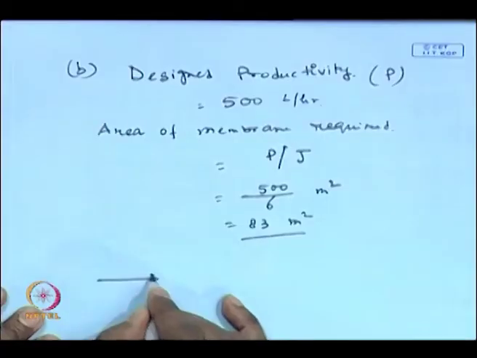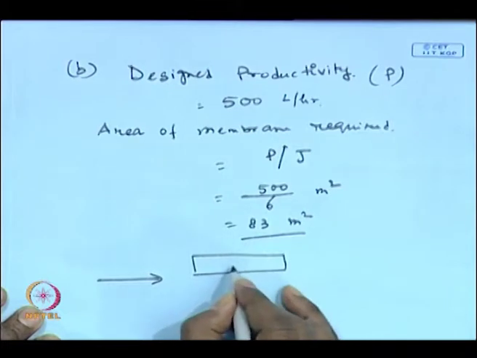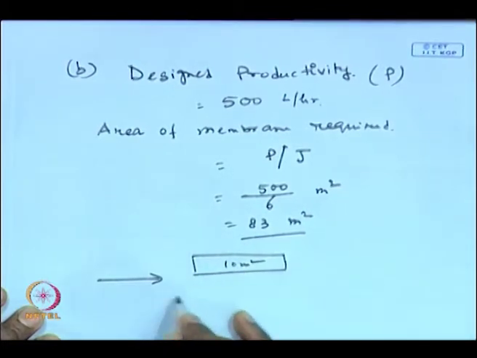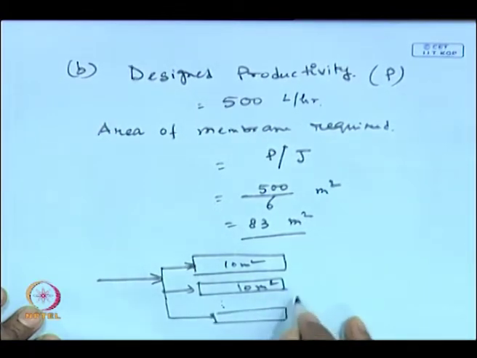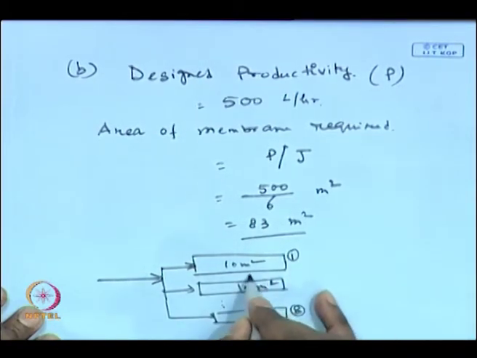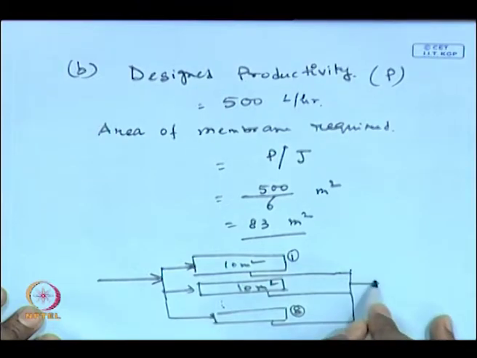Let us say one module can give around 10 meters square, then the same feed from a common header must be going to 8 such units. This is the first unit, this is the 8th unit, and the permeate that you collect will be collected in a common header, and from there you will be getting the total output.